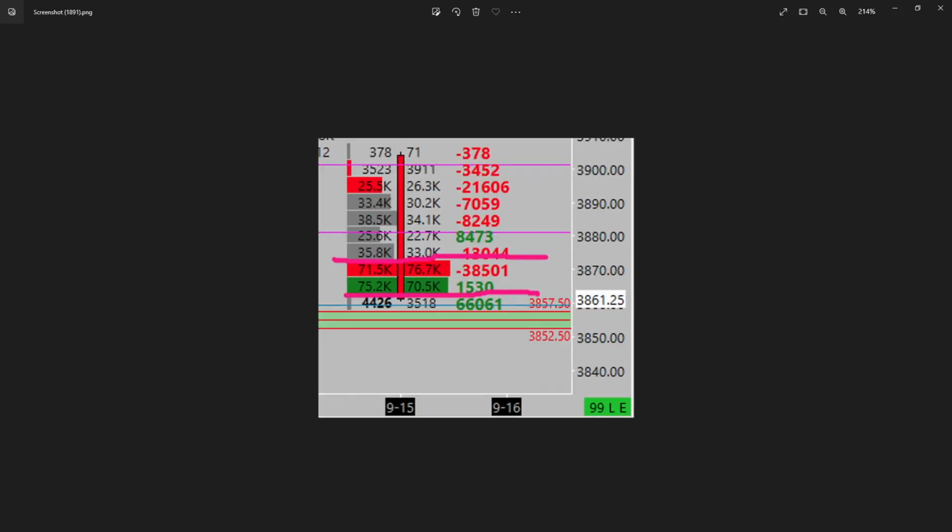So this is what we so often see in the footprint, whether we're on a daily footprint like this or on a 5-minute or 1 minute, 10-minute, 30, it doesn't matter. We will see buyers and sellers.